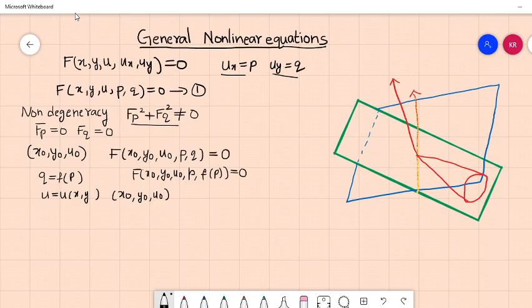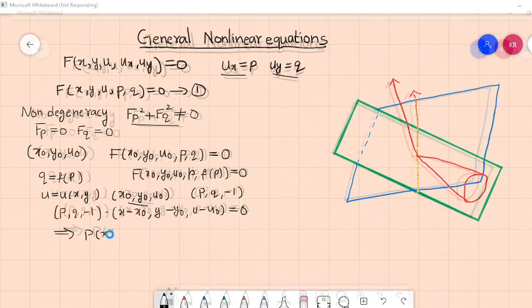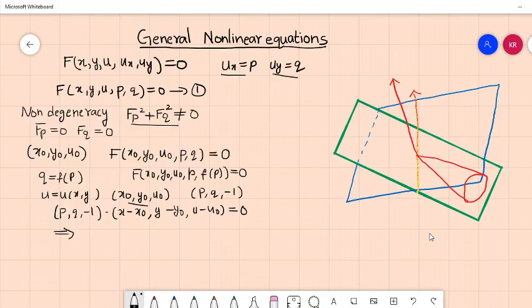Since the plane is orthogonal to (p, q, minus 1), we have the dot product of (p, q, minus 1) with (x minus x naught, y minus y naught, u minus u naught) equal to 0.